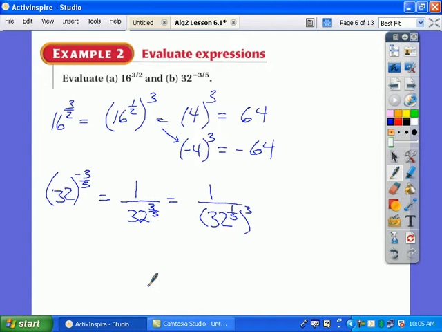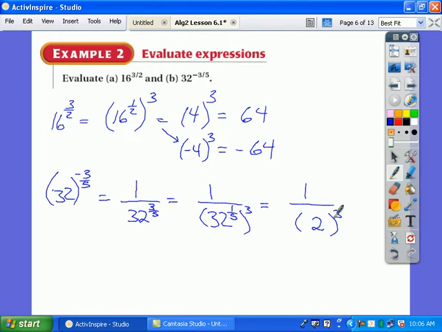Okay, so 32 to the 1/5 power. It's literally saying there's some number times itself 5 times that equals 32. What is that number? And so in this case, that is 2. 2 times itself 5 times gets me 32. So the 5th root of 32 is 2.